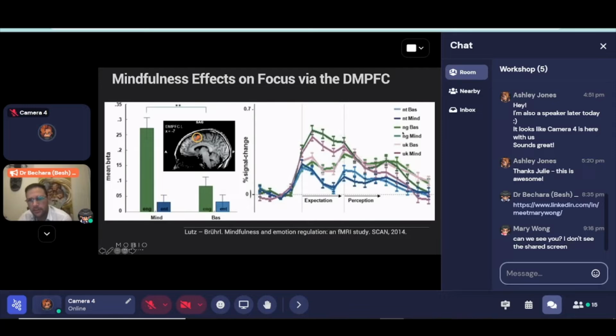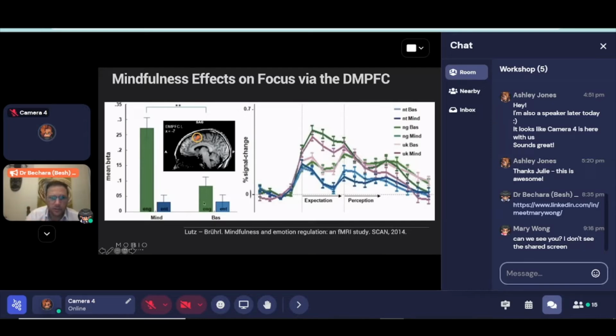Negative here. And what you'll notice in the expectation is that in the basic group, the expectation is much lower than it is in the mindfulness group, in how active it becomes.